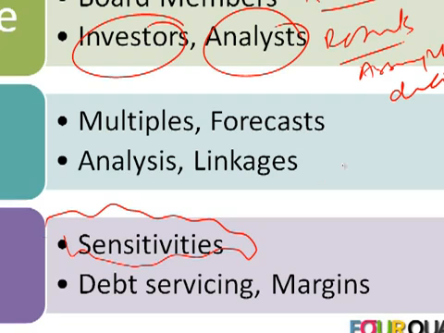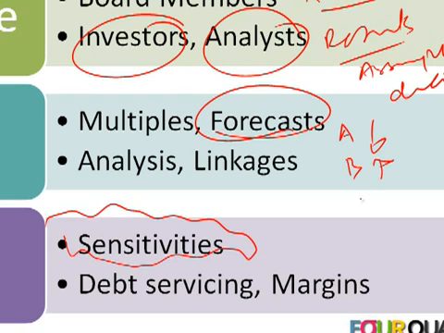So what would happen to this forecast if driver A goes down? What happens to this forecast if driver B goes up? What happens to this forecast if driver C does not move at all? And then, what are the linkages between these three drivers?